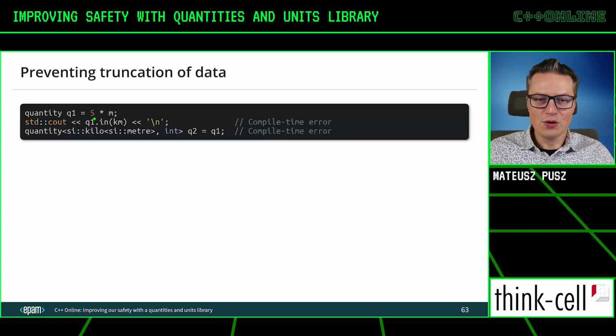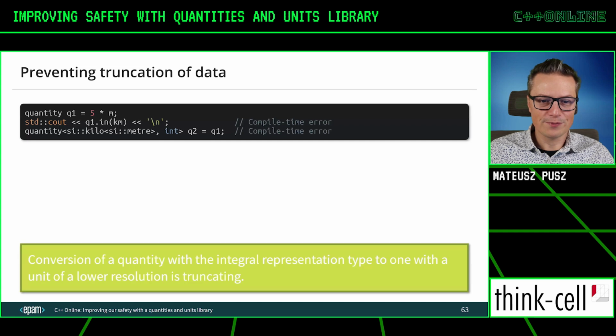So if I do the operation in a different order than before, not from kilometers to meters, but from meters to kilometers, 5 meters in kilometers would be 0 if I allowed it in this place. Right? Also, if I would convert here from 5 to kilo, it would be 0 again. This is dangerous. That's why you get compile time errors.